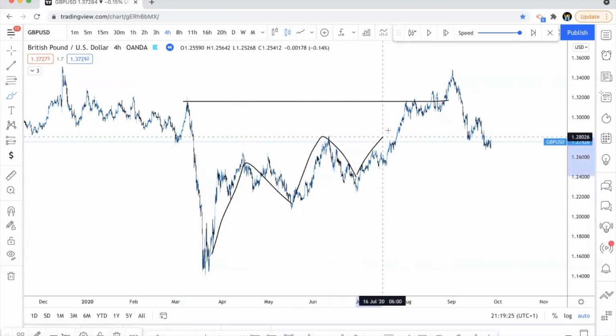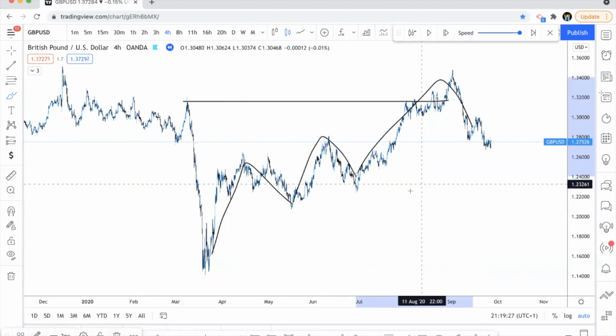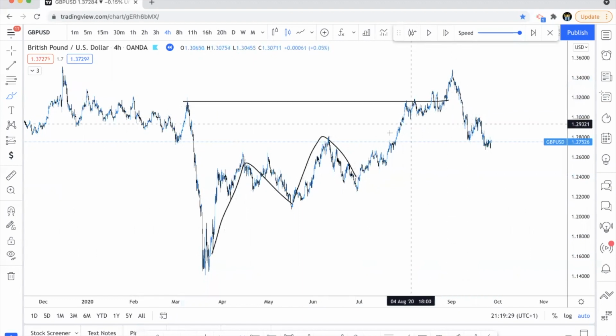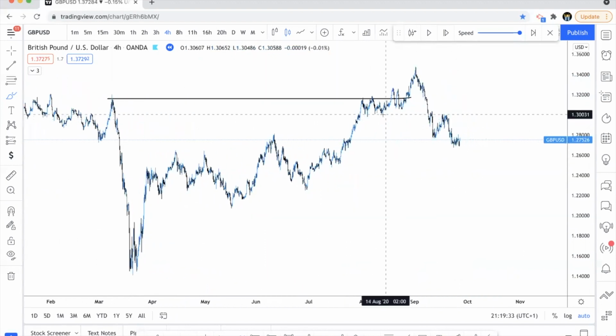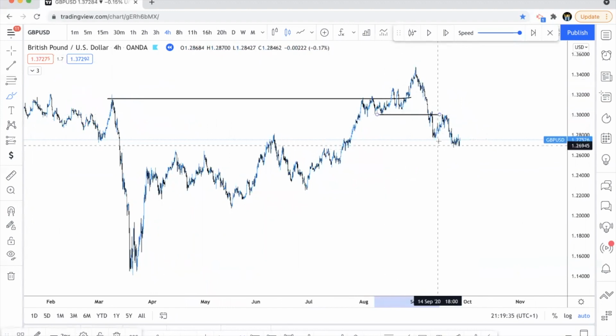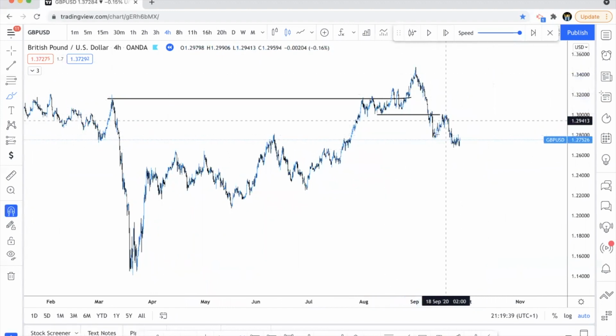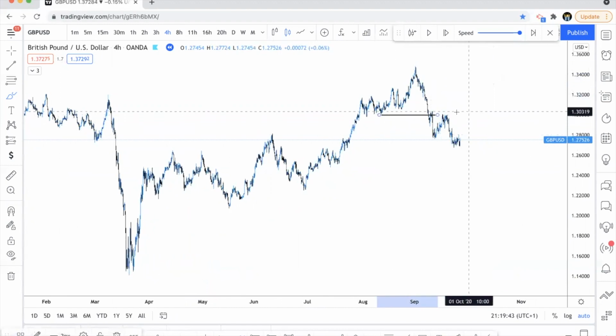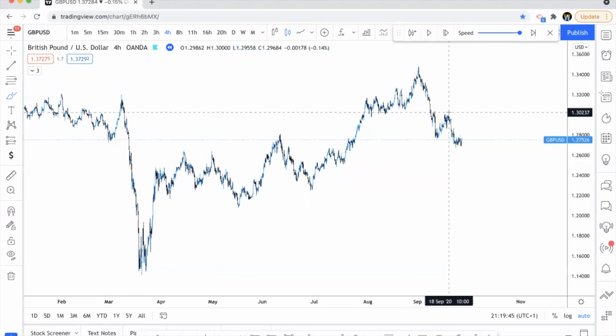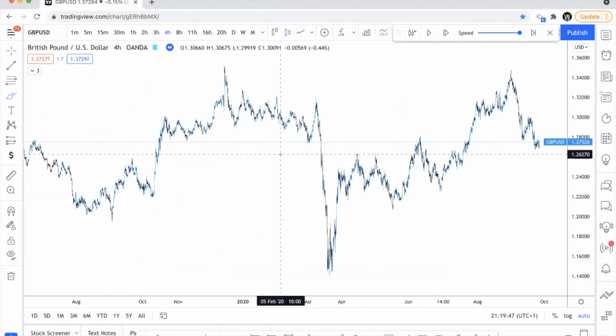So this right here will be considered the minor structure right there. And amongst all this information, you can now see here that minor structure was broken. So substructure is taking over here. Okay. So this is how you'll be able to know what are we selling or are we buying amongst all this structure.